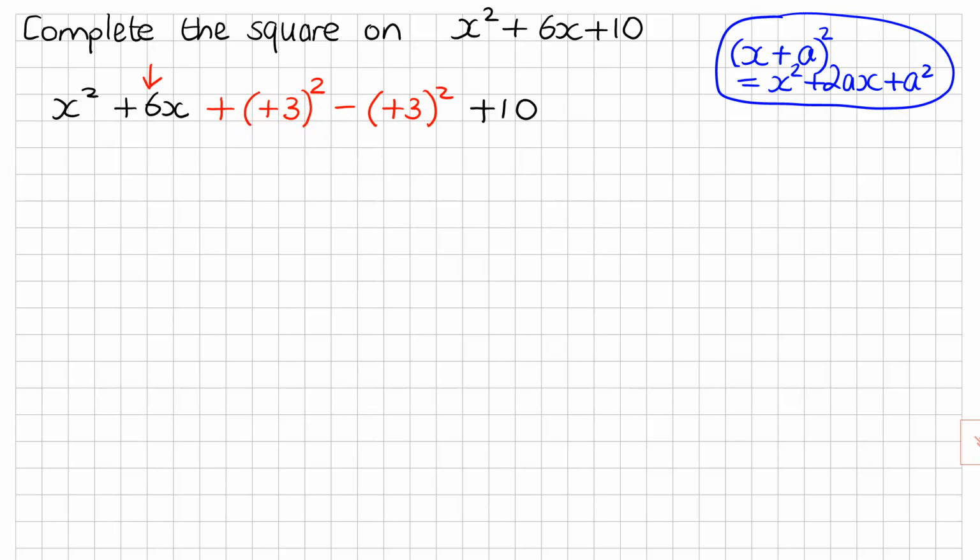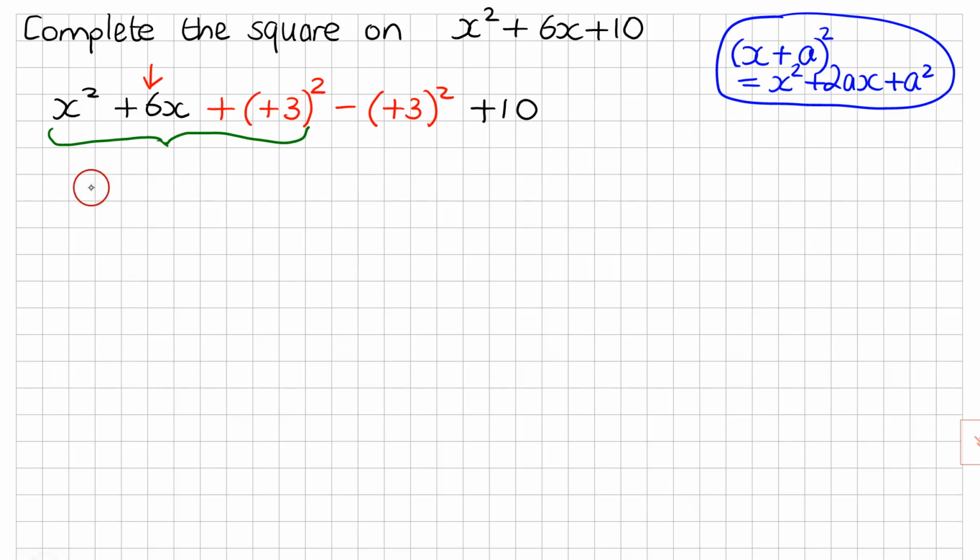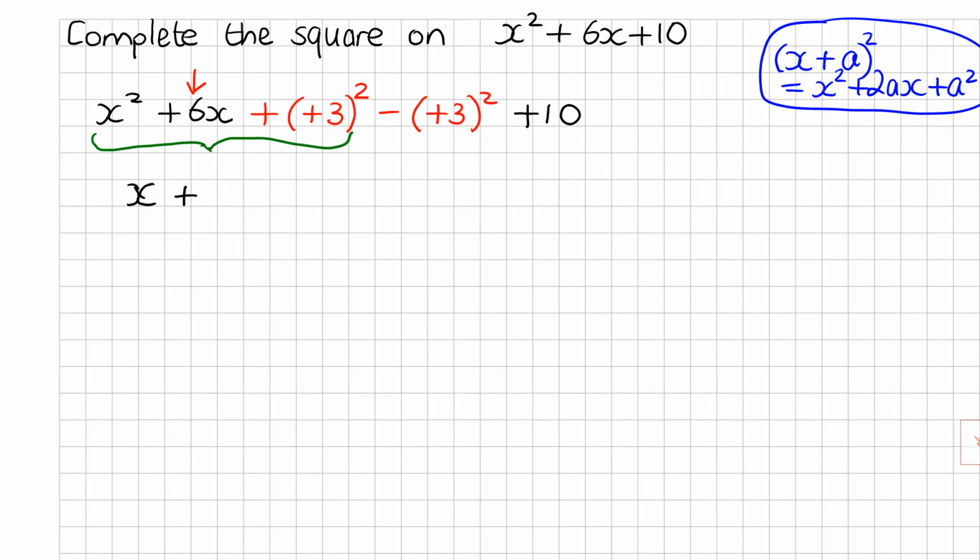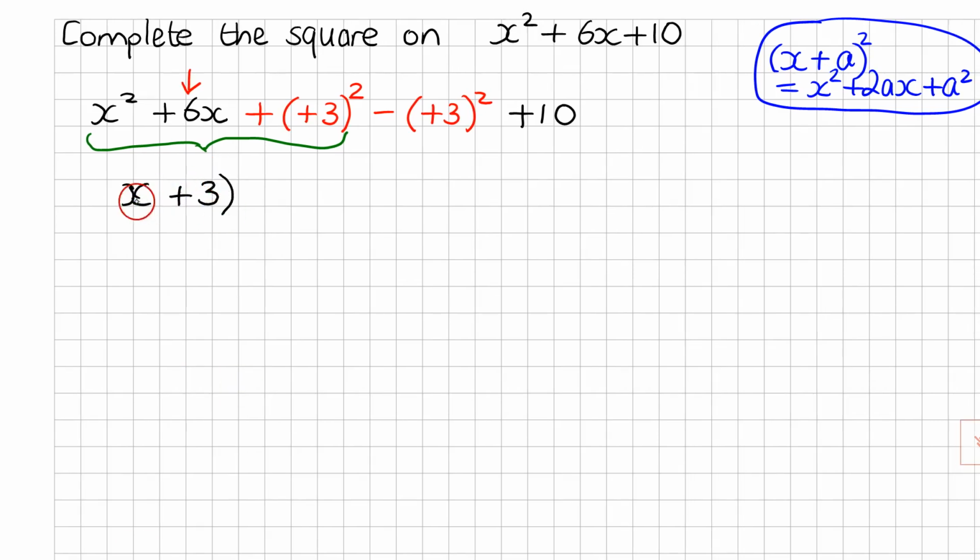Now obviously mathematically I haven't changed this because I've added and subtracted the same thing in the middle of the expression. So next thing I do is I take the first 3 of those, and they are what becomes our perfect square. So I write that as x plus 3 squared. I still have to take care of this next part here in red.